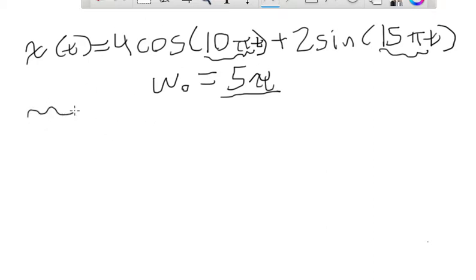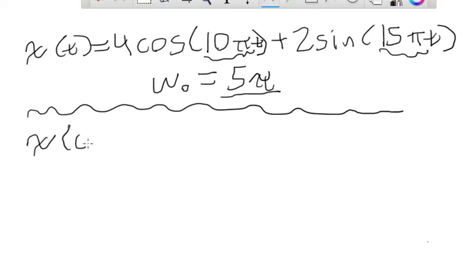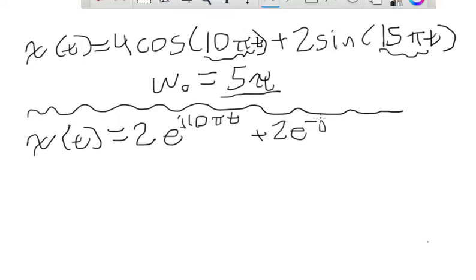Anyway, let's use Euler's formula on this and try to break up this cosine and the sine into complex exponentials. So I'll write this as 4 divided by 2, e to the j 10 pi t plus e to the minus j 10 pi t.